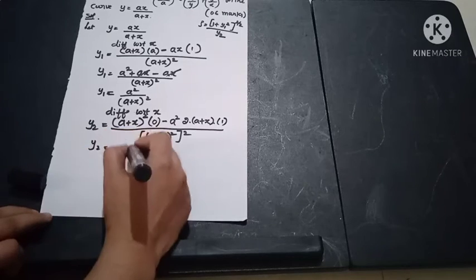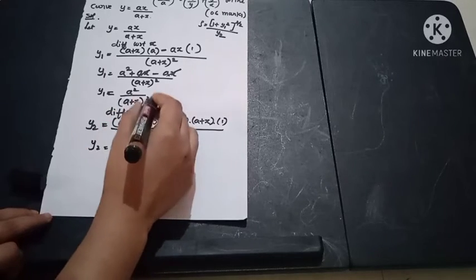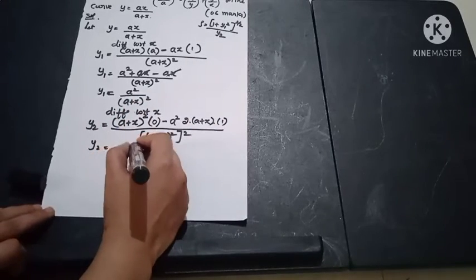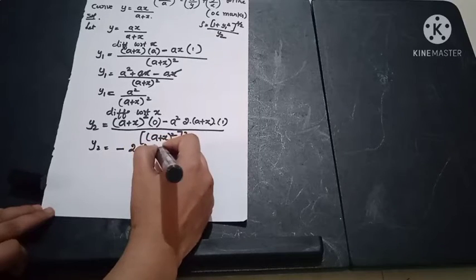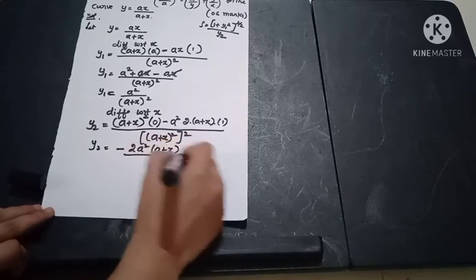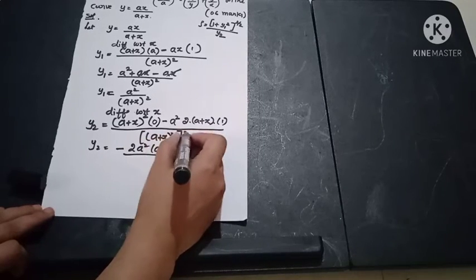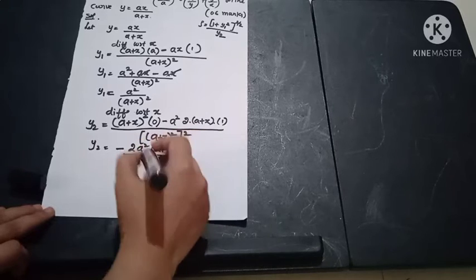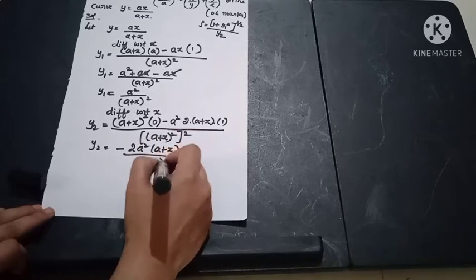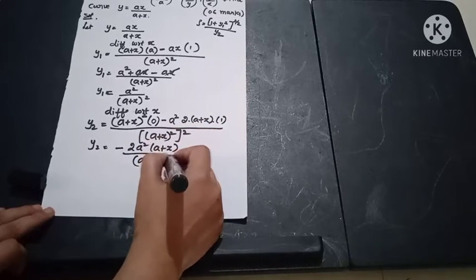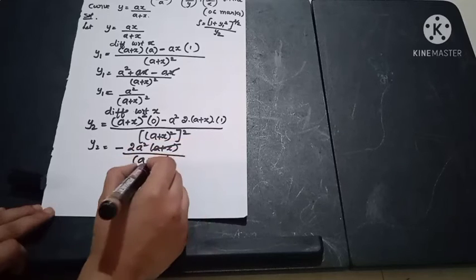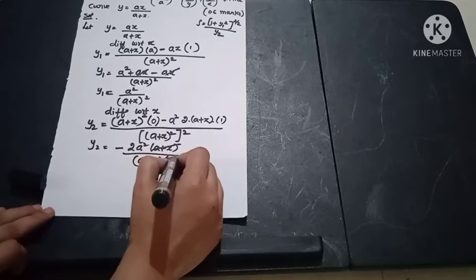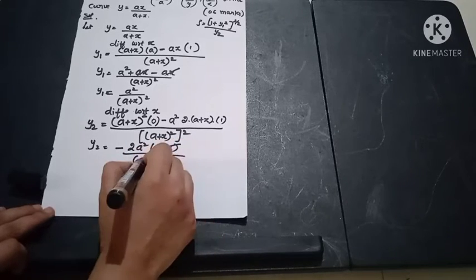So y2 is equal to, this into 0 is 0, minus 2a square a plus x upon, what is this, 2 twos are 4, the power of a plus x is 4. So a plus x whole to the power of 2 into 2 is 4. So this cancels with one of the a plus x in the numerator.